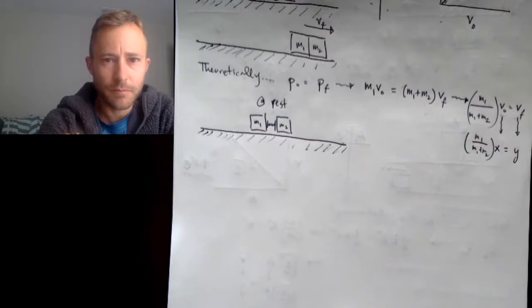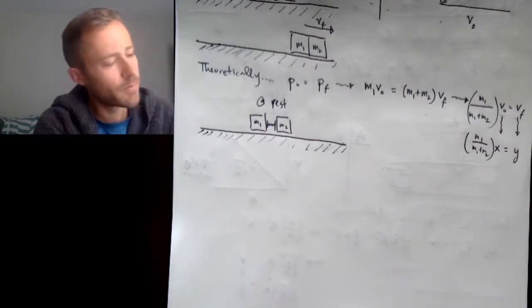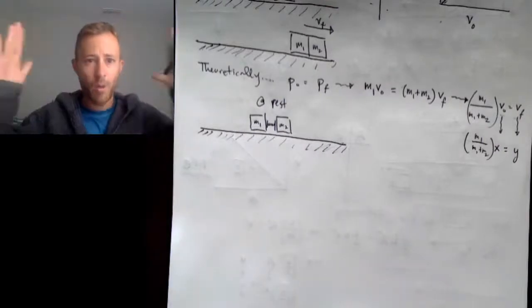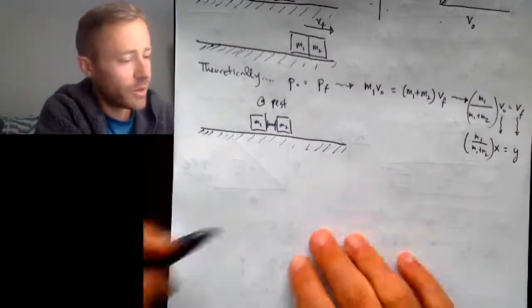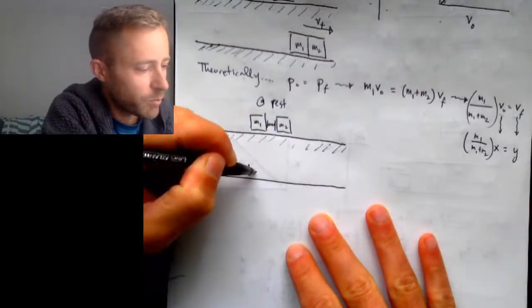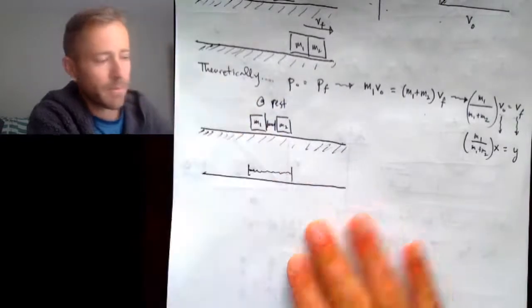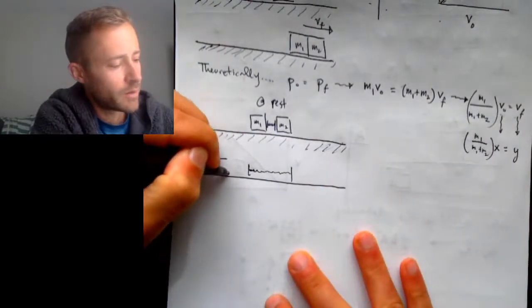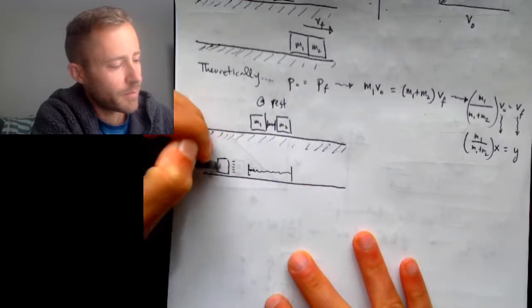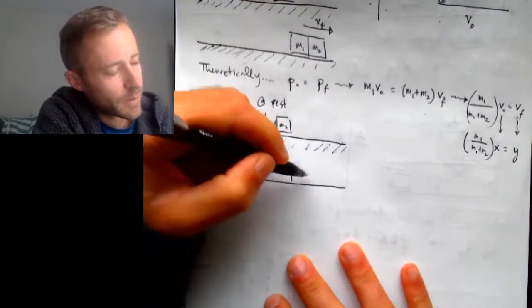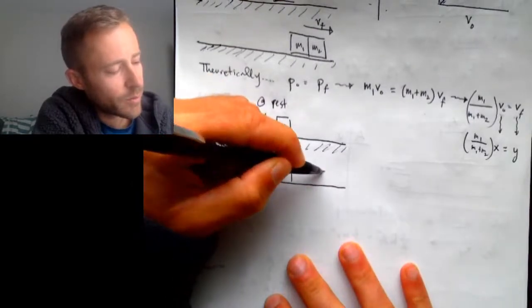And then you let the spring do its thing. So the spring launches the masses in opposite directions. It launches M1 this way, and it launches M2 this way.